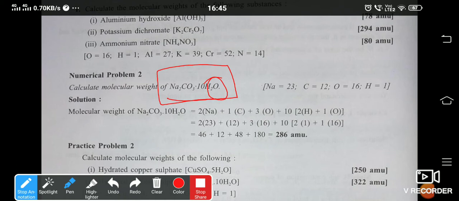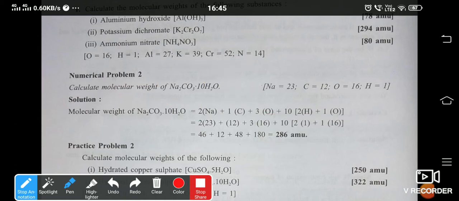You have to show three simple steps. The first step is important, then the third step is important. You have to write the molecular formula of the compound, then convert it into the mathematical form, substitute the symbols with their atomic masses, multiply the numbers and add the total. That's the simplest method to do this question.